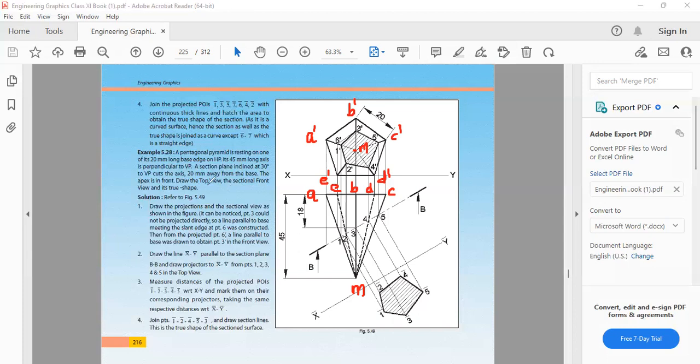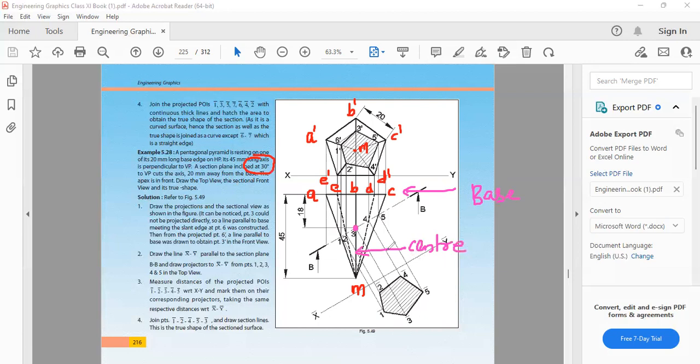So here the cutting plane is inclined 30 degrees to VP and cuts the axis 20 mm away from the base. This is my base, A, B, C, D, E. From this base, you have to mark a point on the center line, that means the axis line.